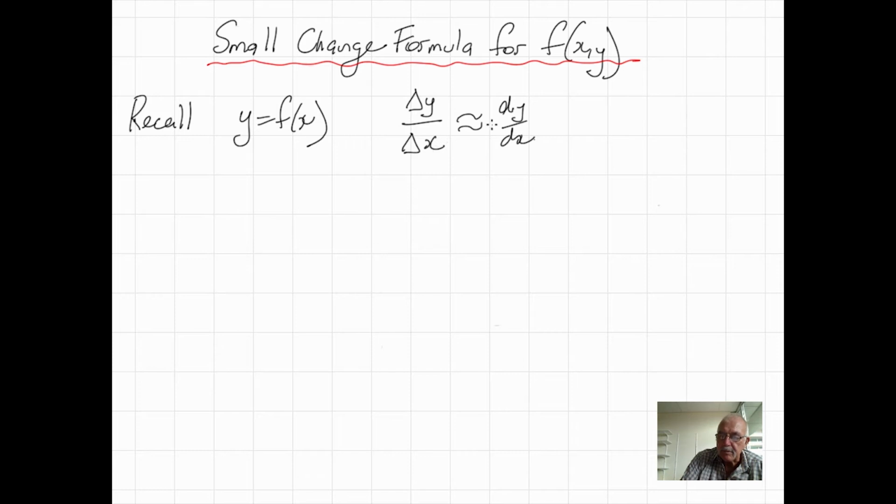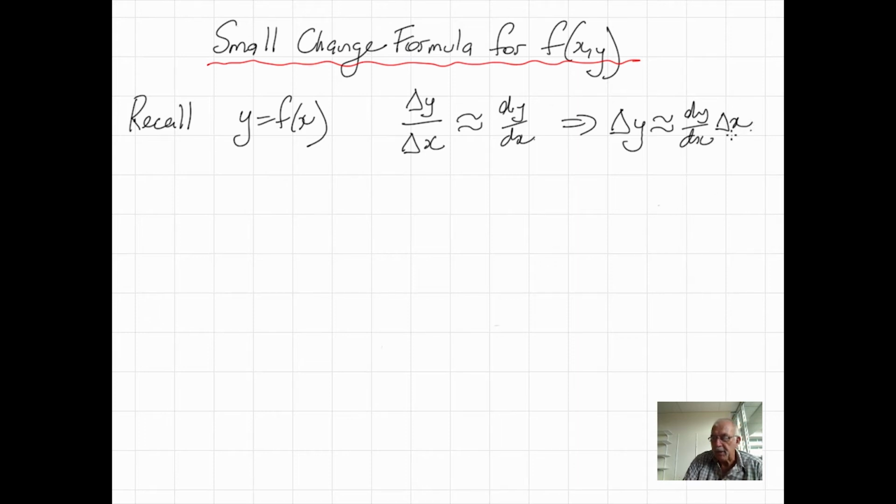Now, if we multiply both sides by delta x, we can say that delta y, the small change in y, will be approximately equal to dy dx times delta x.